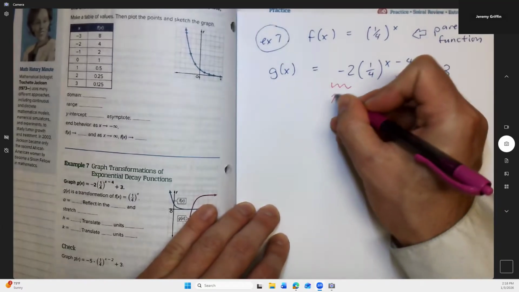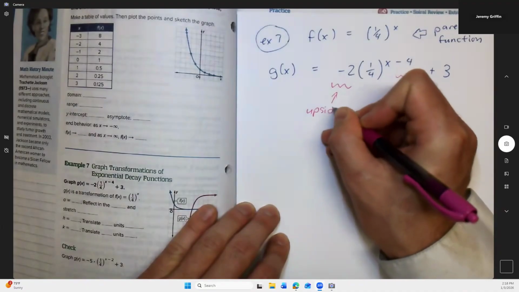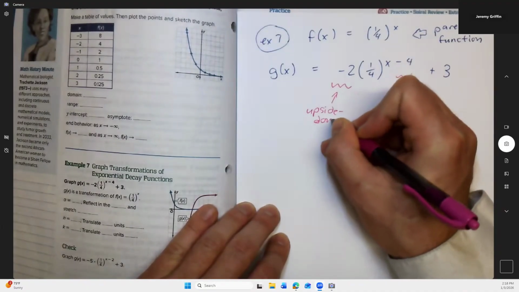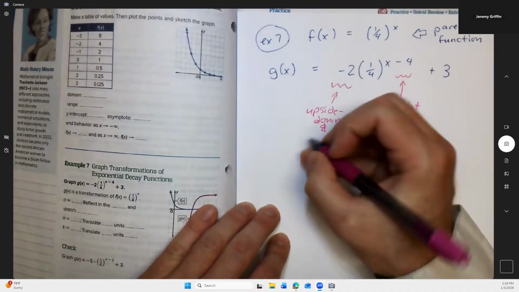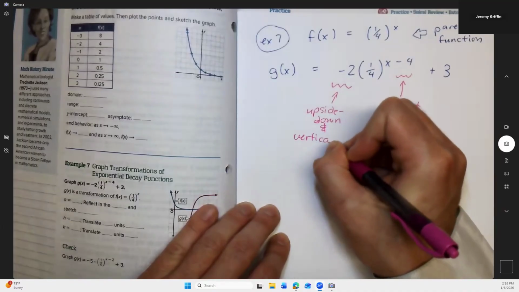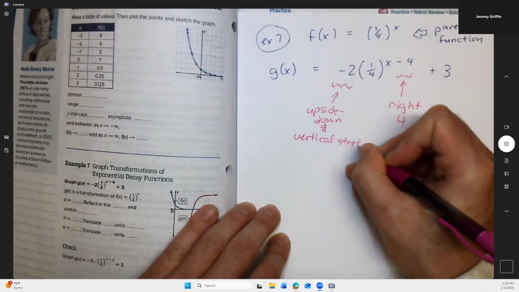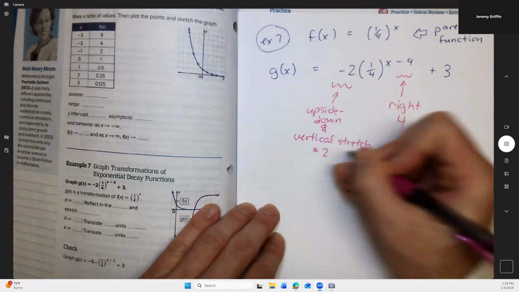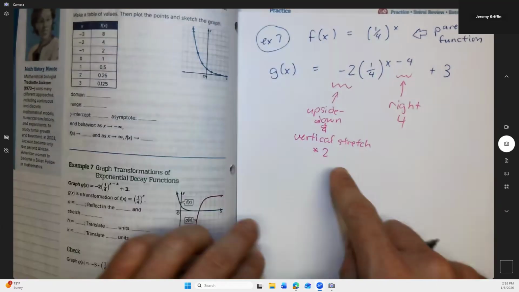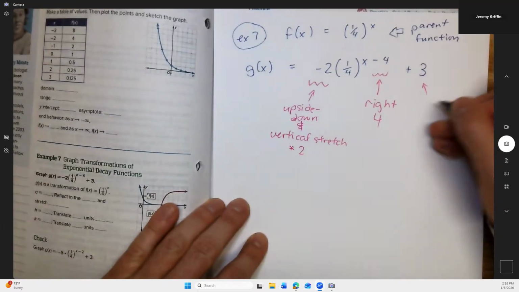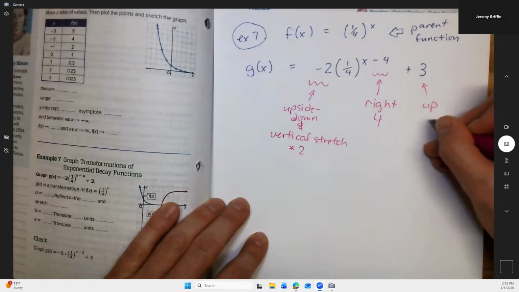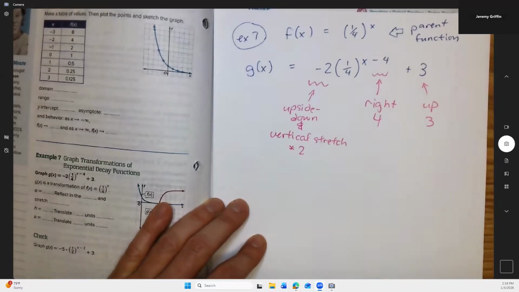This -2 means upside down, and also a vertical stretch times 2, so we're going to stretch it out twice as much vertically. And this plus 3 tagged on the end means up 3. That should be all the transformations.